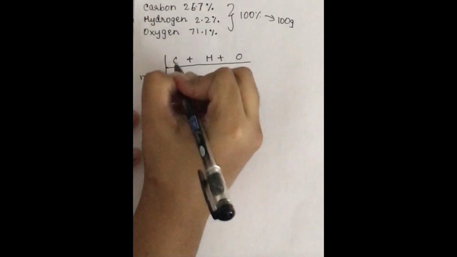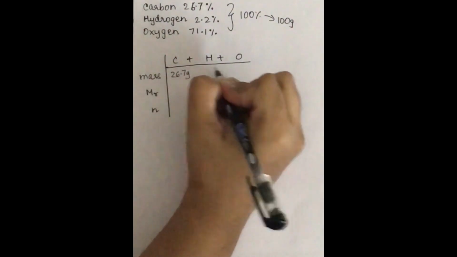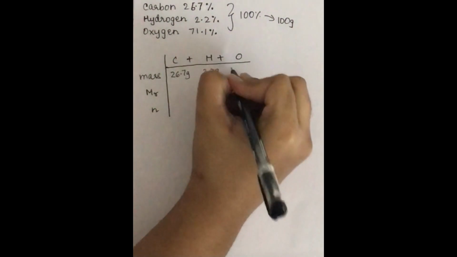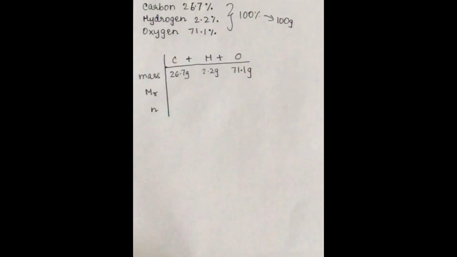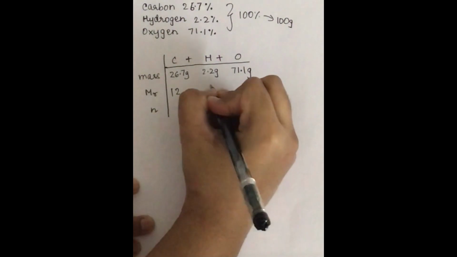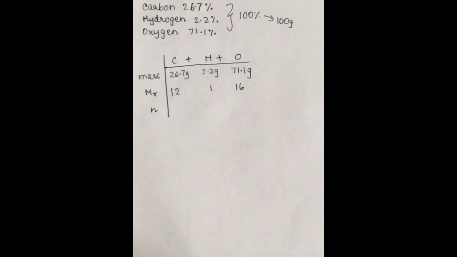For carbon, 26.7 grams. For hydrogen, 2.2 grams. And for oxygen, 71.1 grams. It will work the same way. Carbon, the MR is 12. Hydrogen 1. Oxygen 16. Then we calculate the number of moles.